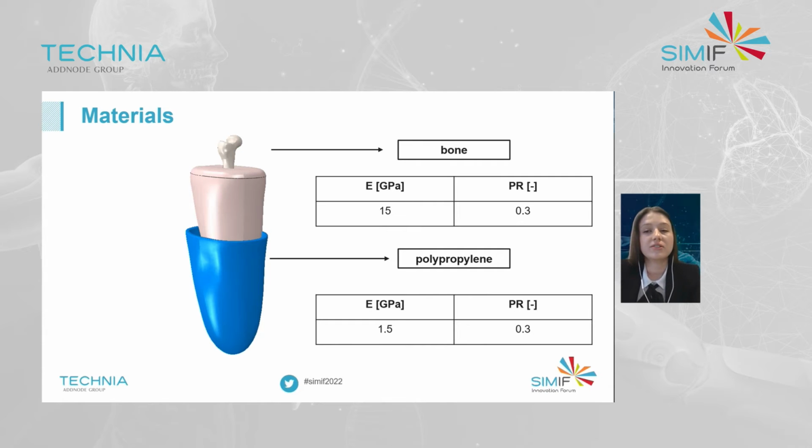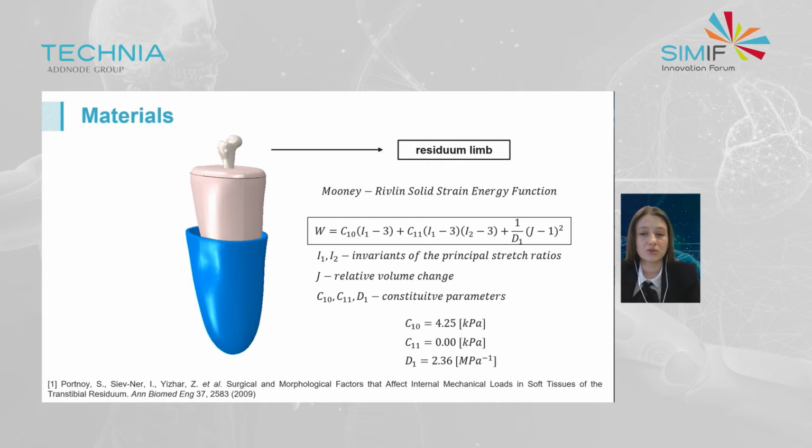In this study, a linear elastic homogeneous isotropic condition of the bone was considered, while for the prosthetic socket an elastoplastic material model was used. For the soft tissues, a hyperelastic condition was used with the Mooney-Rivlin solid strain energy function, and average flaccid muscle was selected as the baseline, and the material properties were obtained from the literature.